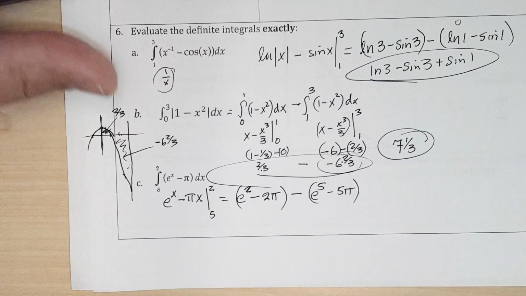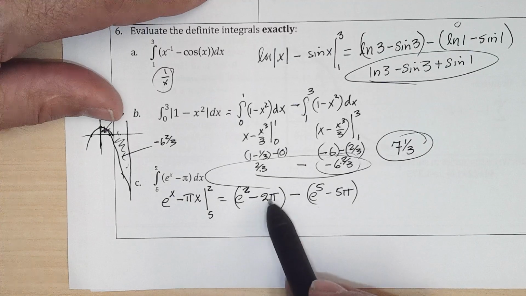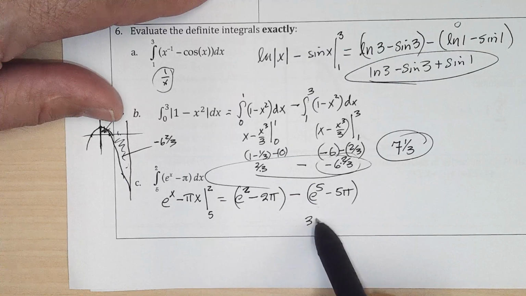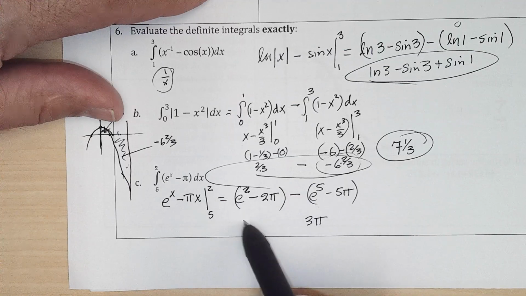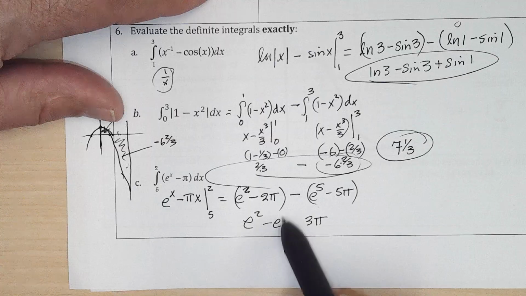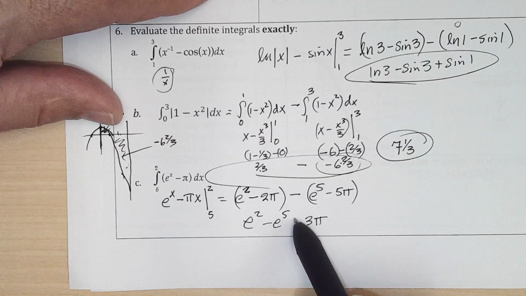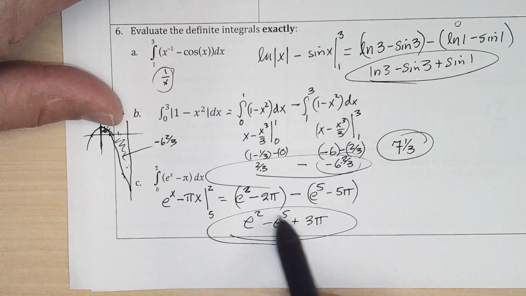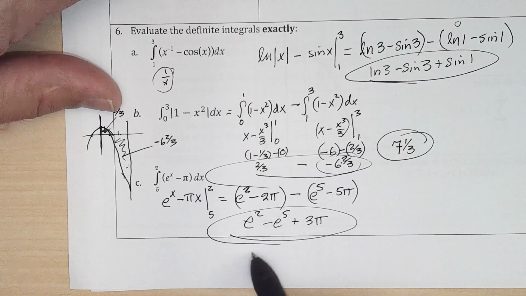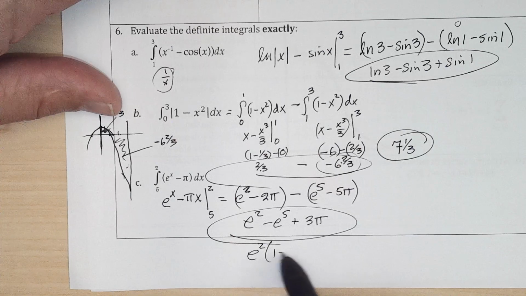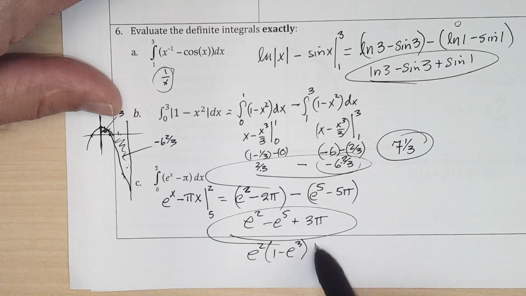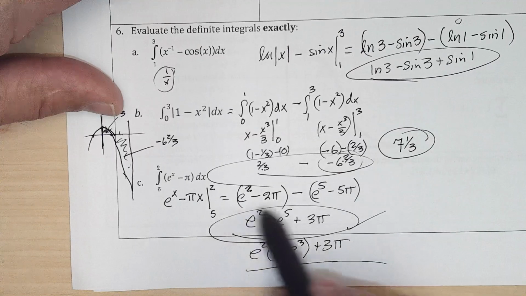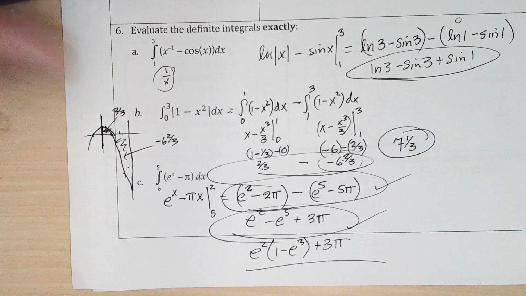And I can leave it like that, or minus 2 pi plus 5 pi would be 3 pi, and e to the second minus e to the fifth can't be simplified, so you could factor out an e squared out of both of those and have e squared times 1 minus e to the third if you want to do that, but that's good enough.